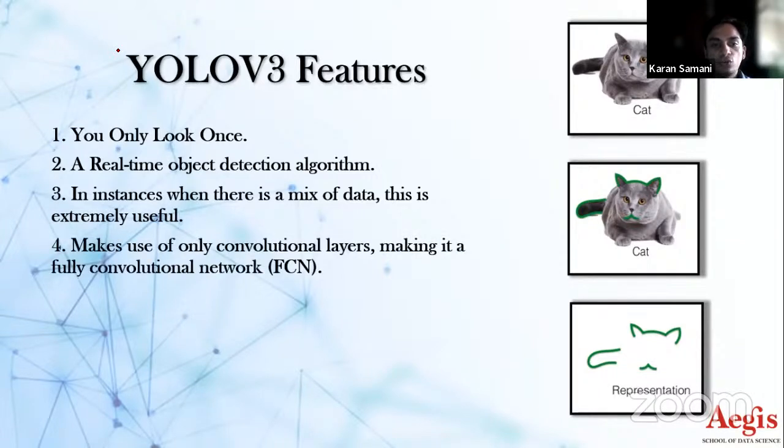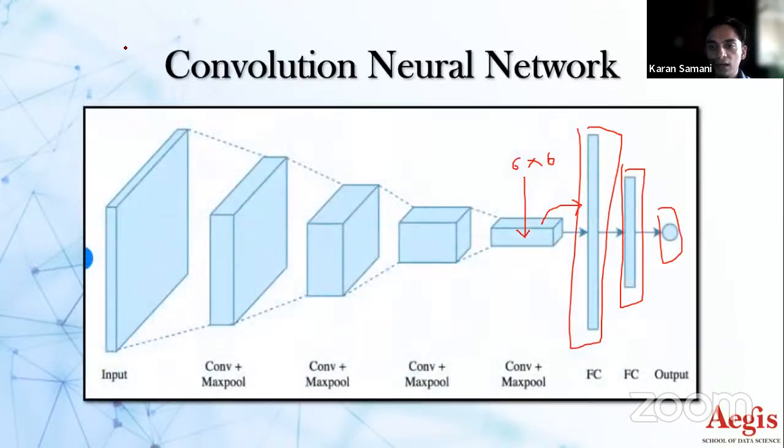Third, it makes use of only convolution layers. Now, this is very different from all the other algorithms right now. In previous terms, I displayed how a convolutional neural network works.